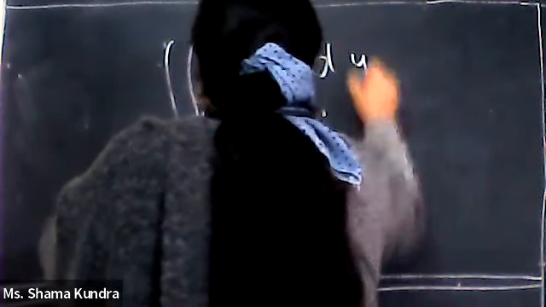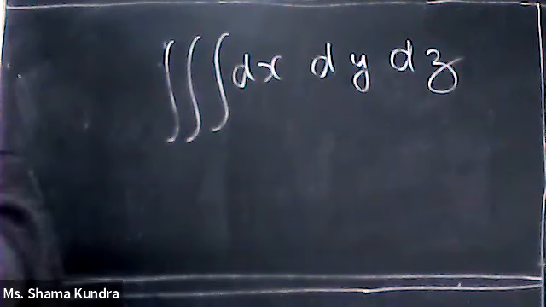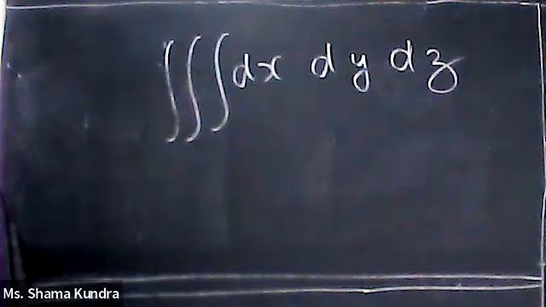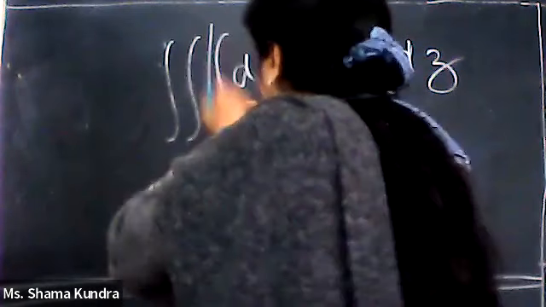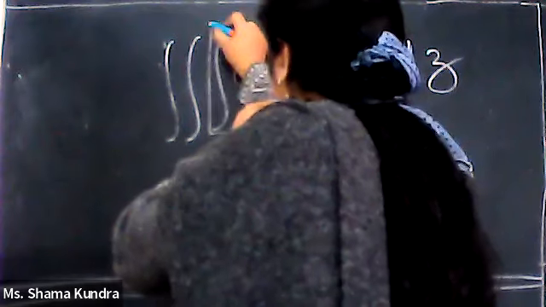In triple integral, we have one more variable. We have dx, dy, and dz. In triple integral, if we have dx, dy, dz, first of all, we integrate with x.